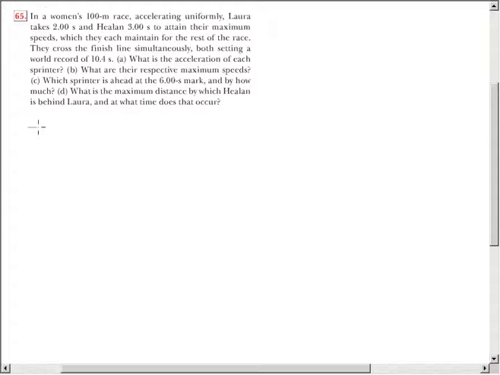So we can now write that for Laura, x equal to x_a plus Vmax times (2.84 minus 2), which is equal to 10.64 plus 10.64 meters per second times 0.84 seconds, and that's equal to 19.6 meters.